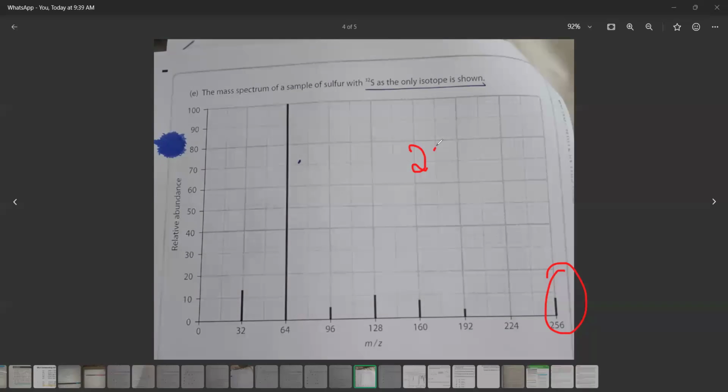So what we will do is 256 divided by 32. What's the answer? 256 divided by 32. So it means eight atoms are there. So in the molecular ion, this is due to S8.